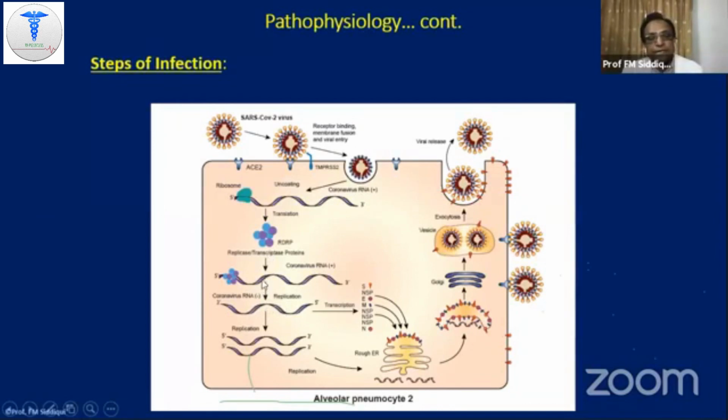This medicine gets incorporated into the negative sense RNA, and it does not allow the RNA-dependent RNA polymerase to properly translate the virus, and thereby inhibits the production of viral RNA copies.